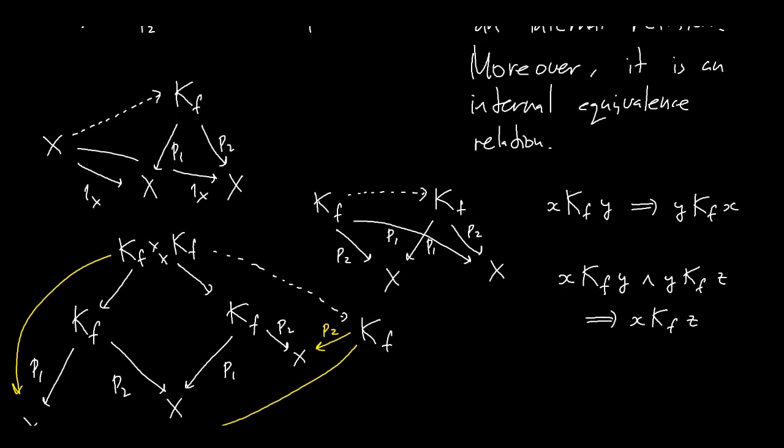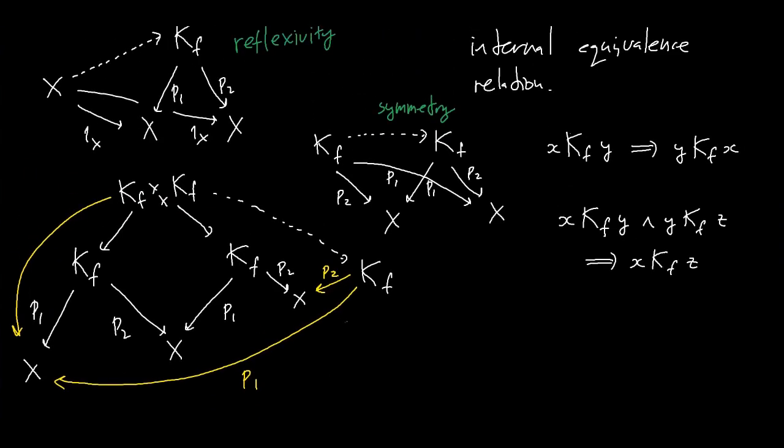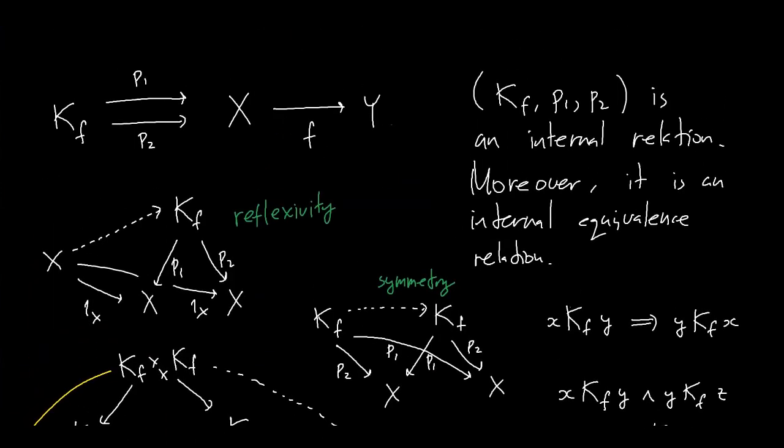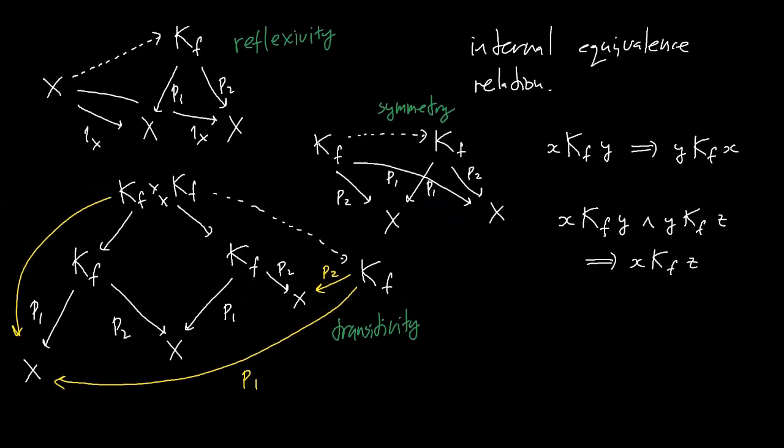Okay, so this is reflexivity of this, specifically of the kernel congruence, but if I replace Kf, P1, P2 with arbitrary internal relation, it would be reflexivity of that relation. Reflexivity, this is symmetry, and this is transitivity. So we've now been able to express the fact that kernel congruence is an equivalence relation.